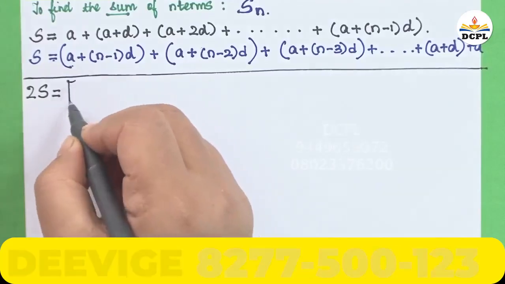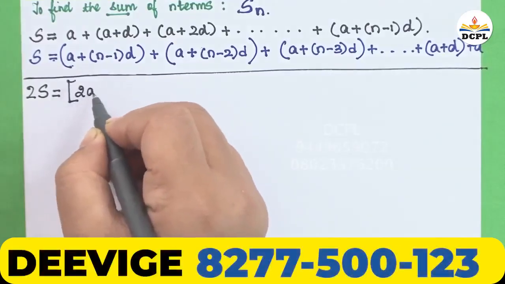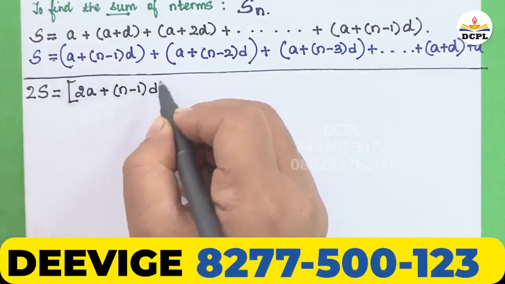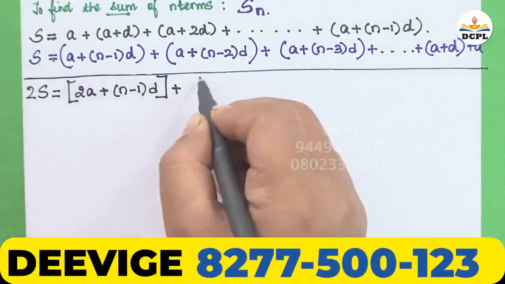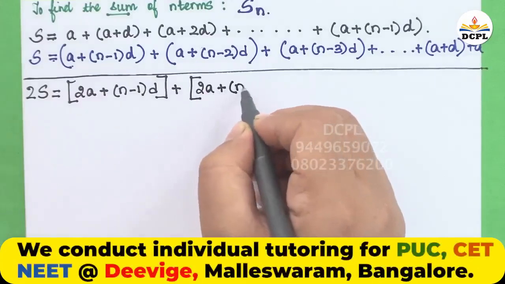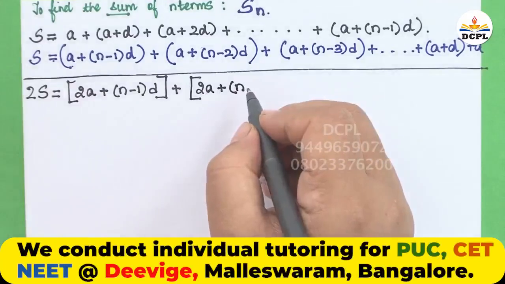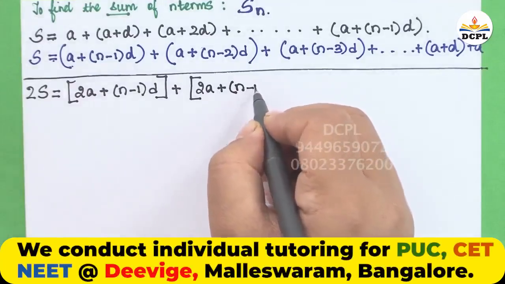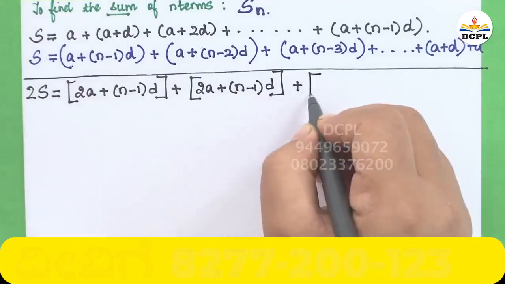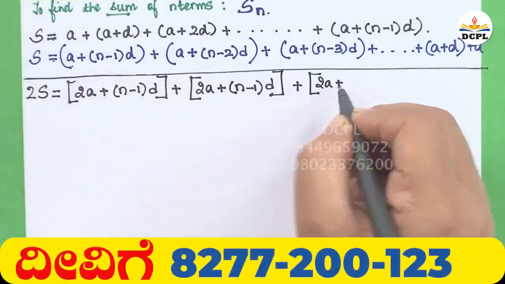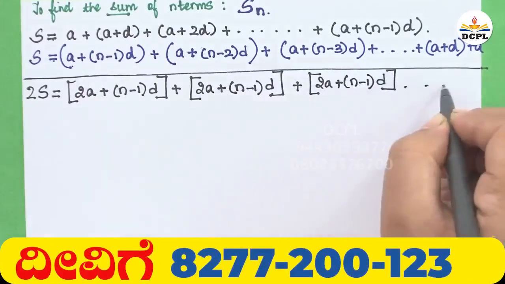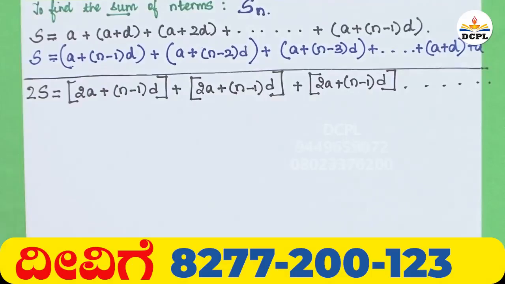Finally you will get 2a plus n minus 1 into d, plus 2a plus n minus 1 into d, plus 2a plus n minus 1 into d, however many terms you are writing.